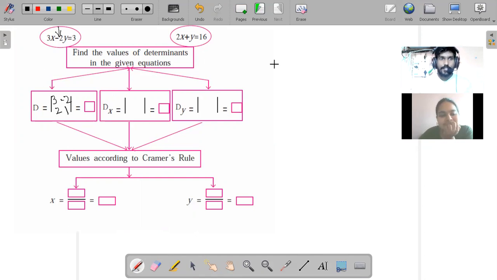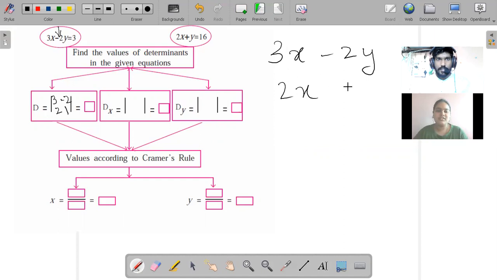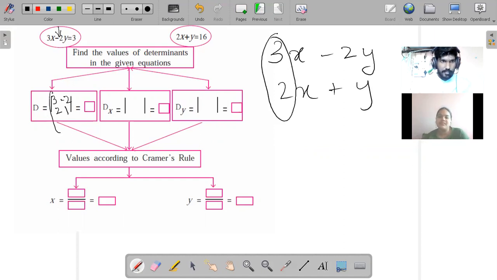Okay. And finally, after finding out the determinant, in this box, how are you doing it? How are you doing it horizontally? No, you can write it anyway, but it has to be in a proper order. So for example, 3x, minus 2x plus y. Then write it vertically only, because I get confused. So this 3, 2 is here.